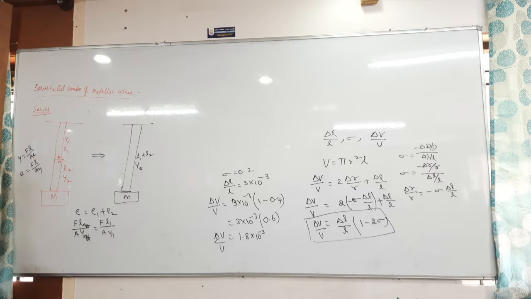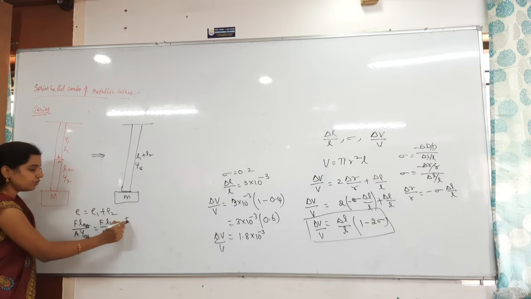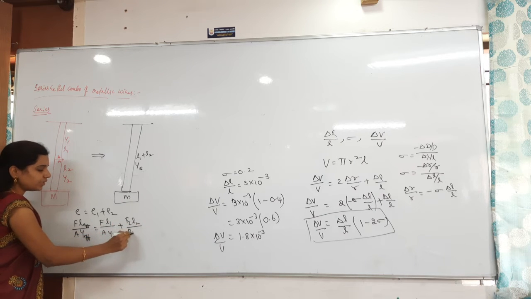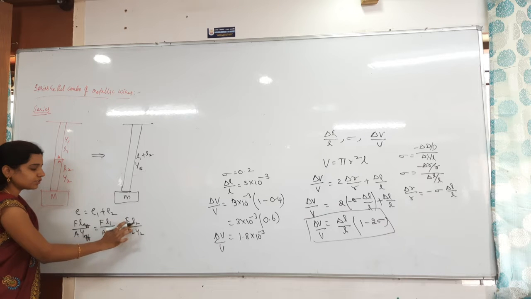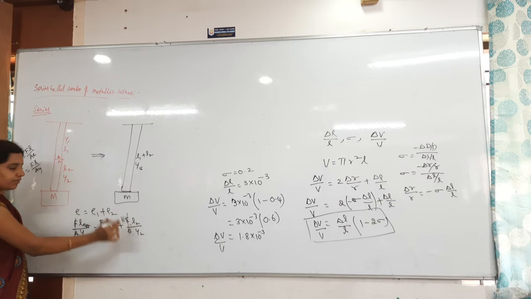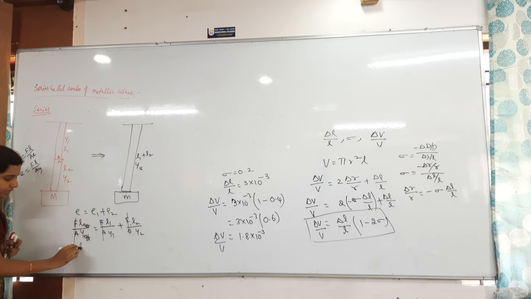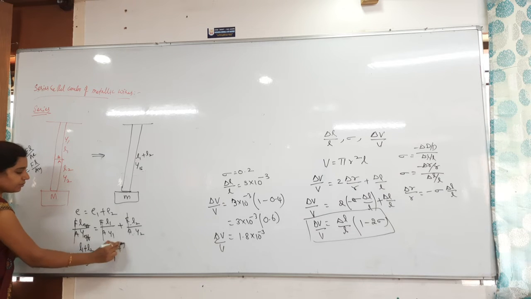So FL1 by AY1. Then for the second elongation, what will we get? F2 L2 by A2 into Y2. Again force is the same, area is the same, so again F by A I have taken. Now what will get cancelled on both sides? F by A gets cancelled. Then how much effective length is there here? L1 plus L2. So L1 plus L2 divided by Y series is equal to L1 by Y1 plus L2 by Y2.